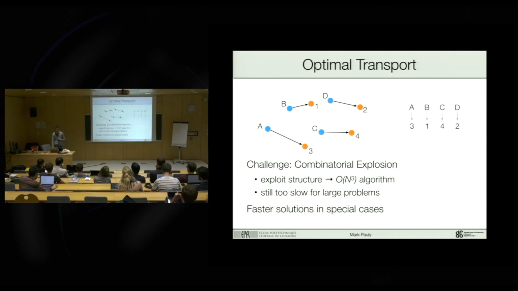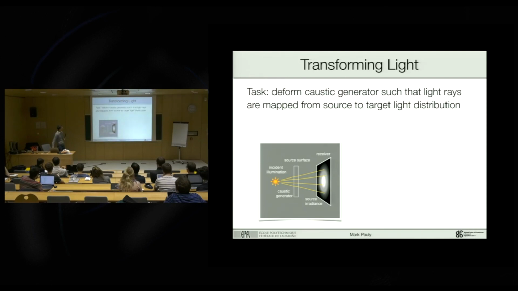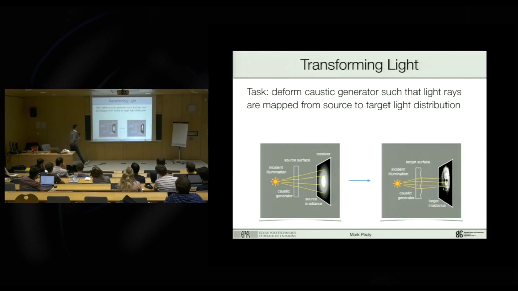But let me first explain why our problem is an instance of this type of optimization. What we're trying to do with beer and bars is this: our goal is to take a light source, it could be the sun, it could be a flashlight, take some object that interacts with this light, let's say a glass plate, and manipulate it in such a way that I don't get this boring image over there, but maybe I get something that looks like Albert Einstein.